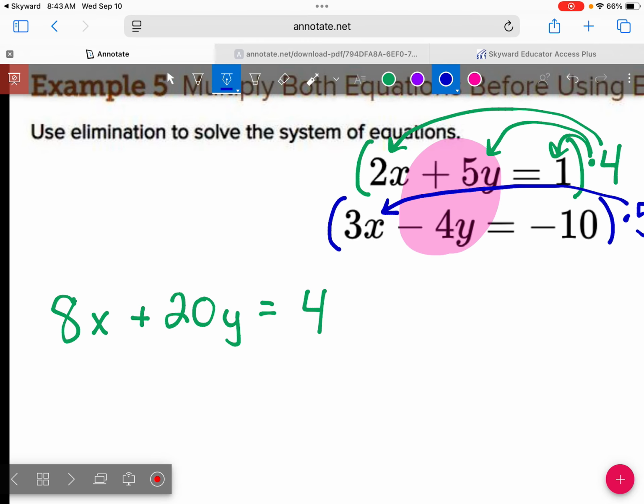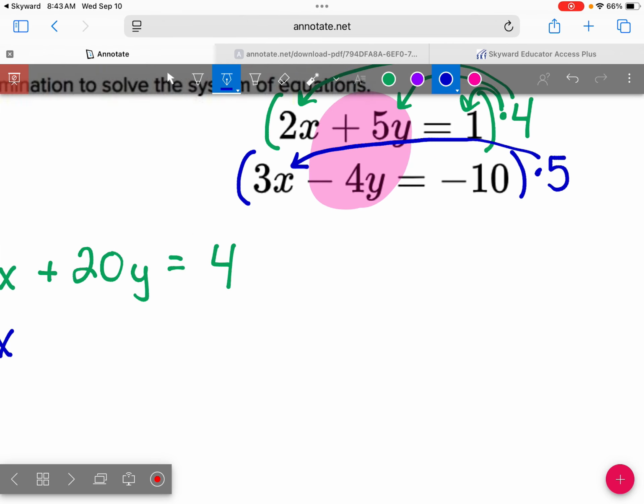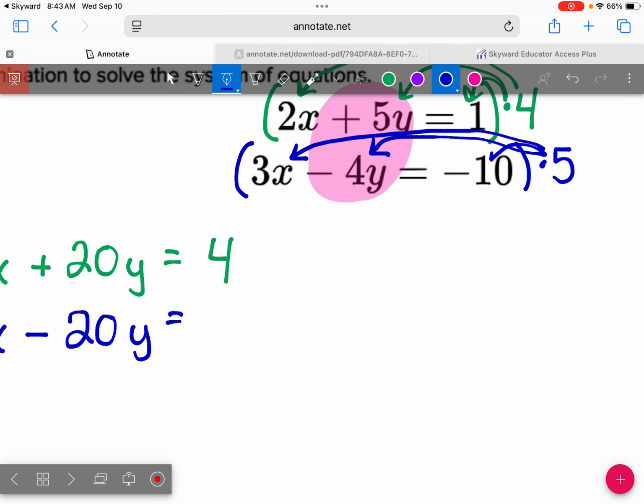So we're going to have our 3x times 5, giving us a 15x. We're going to have our minus 4y times 5 to get minus 20y. And that's going to equal our 5 times our minus 10, which is a minus 50.